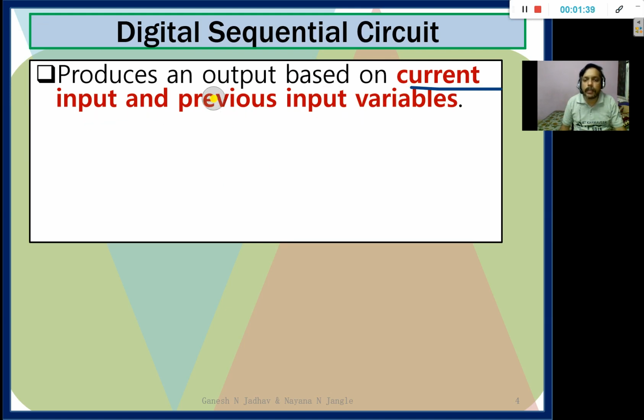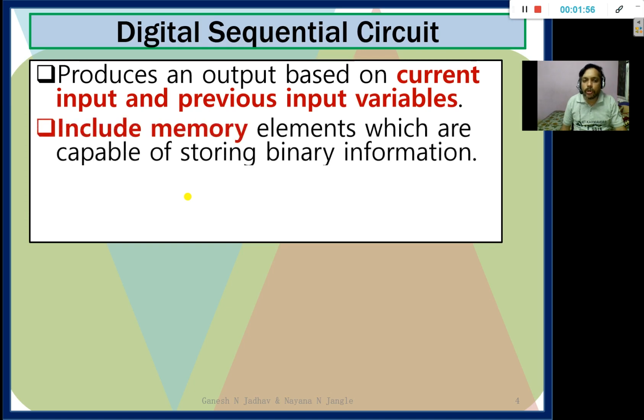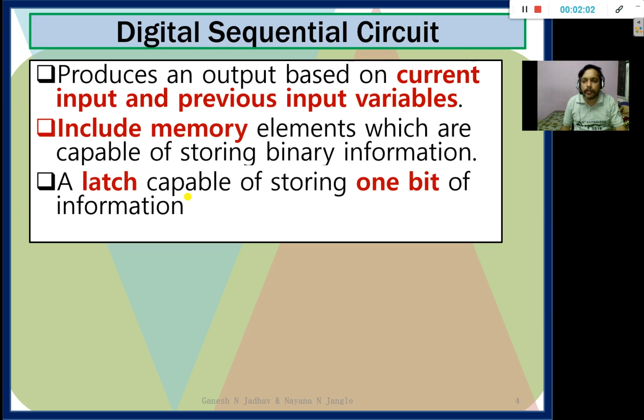But how can we store that previous output? Because the combinational circuit only gives the instantaneous output. So we have to add some element which stores the previous input. So it requires memory. It includes the memory for storing the binary information of the previous variable.